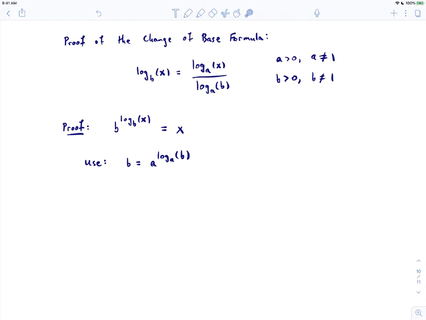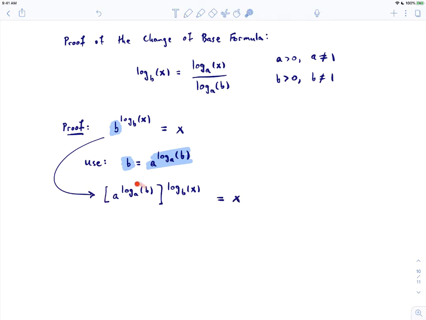So we're going to take this value and we're going to plug it in for this b right here. So this quantity, we're just going to replace that with that b, because that's what b is equal to. Okay, so this statement becomes b to the log base b of x, but we're going to rewrite b as a to the log base a of b, and all of this is raised to the log base b of x, but this is still equal to x.